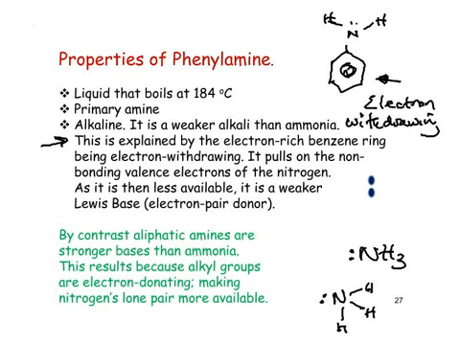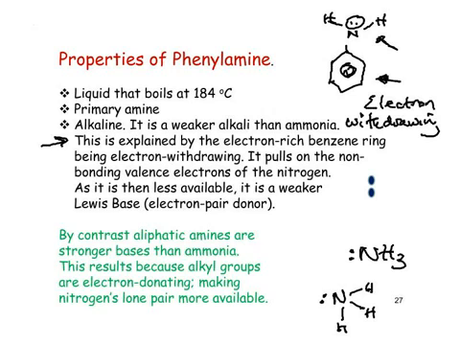Now, what makes this and ammonia alkaline is best seen according to the Lewis theory. According to the Lewis theory of acids and bases, a Lewis base is a lone pair donator. And it's this lone pair that can be donated and accept a proton that makes it a base. The more available that lone pair on the nitrogen is, the stronger it will act as a base.